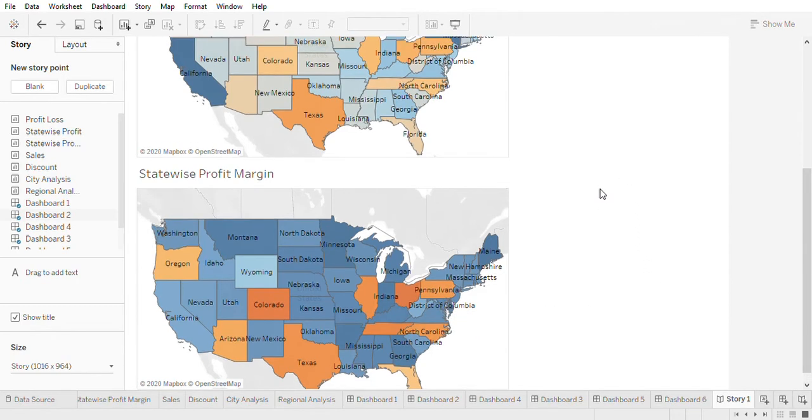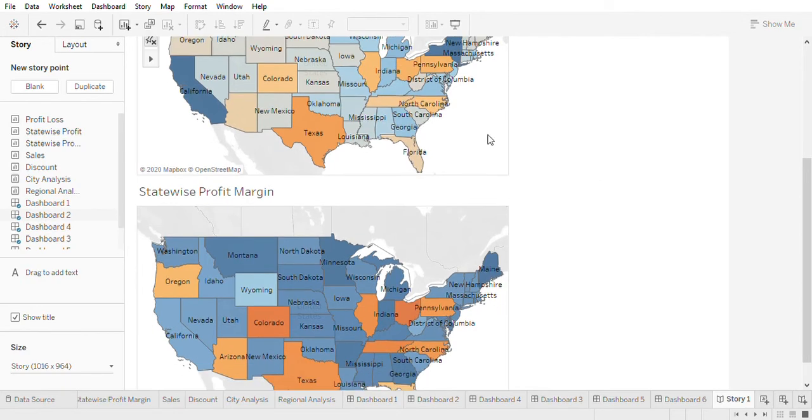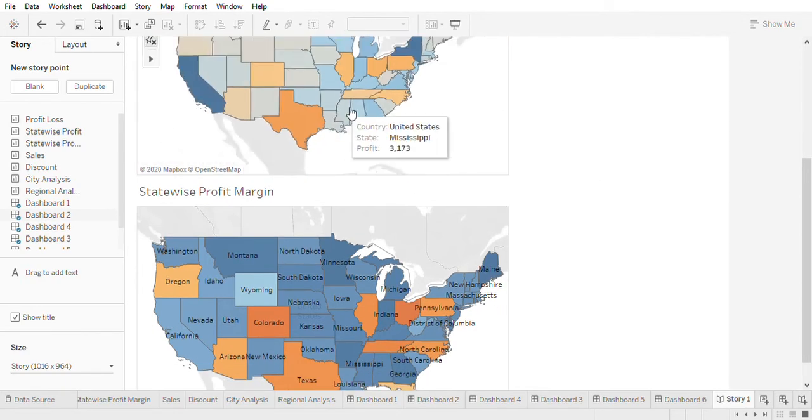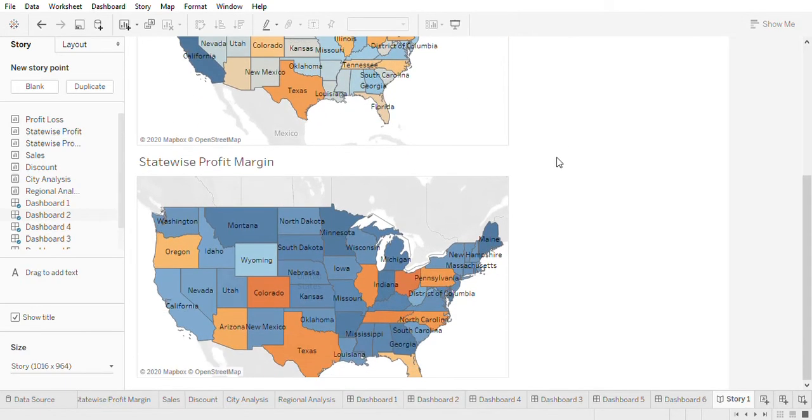So we can see the change in profit margin from the above sum of profit graph. Here California is not performing very well because the profit margin is only 0.16, whereas states like Montana or Maine, where the sum of profits is not very large, but if we look at the sales, the profits are good.